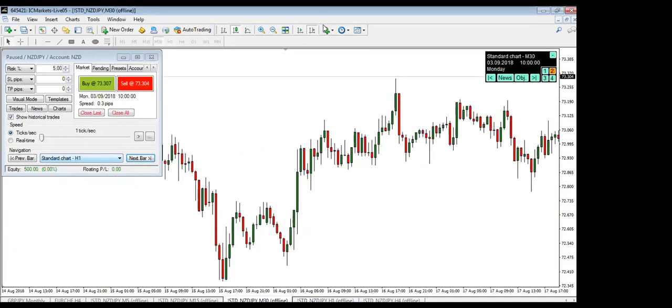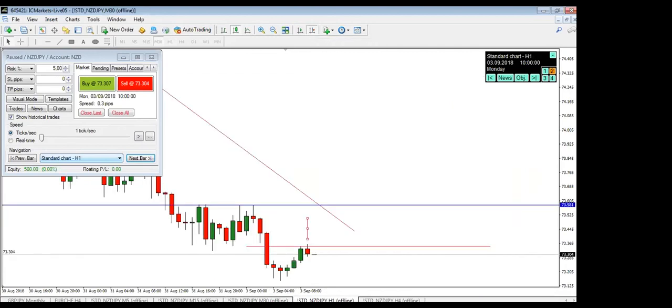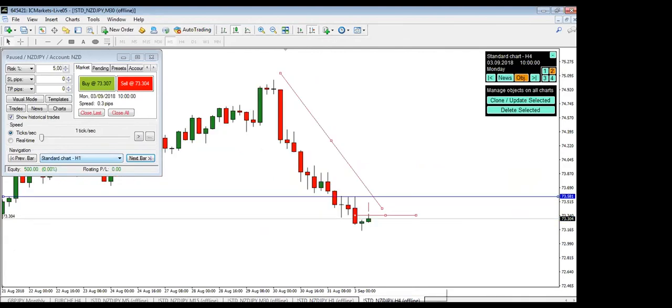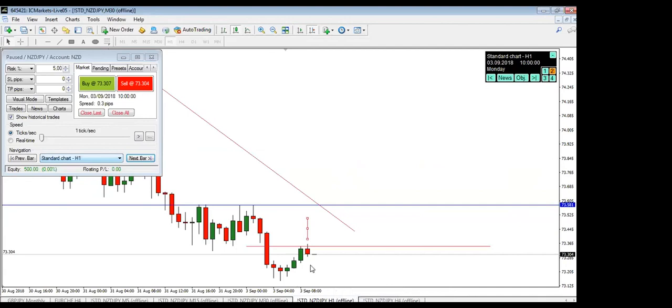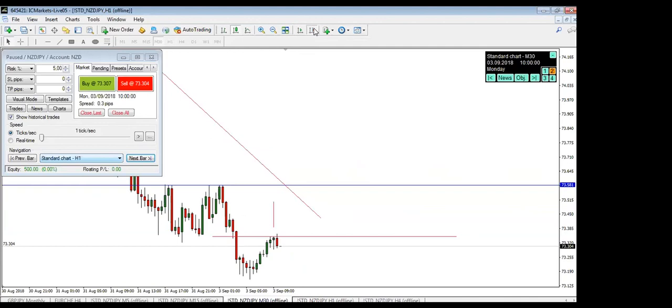How many more hour candles have you got left of this 4-hour candle? Two. Always try and bear that in mind, okay? So it's fine. Go to your M30 and do your research.